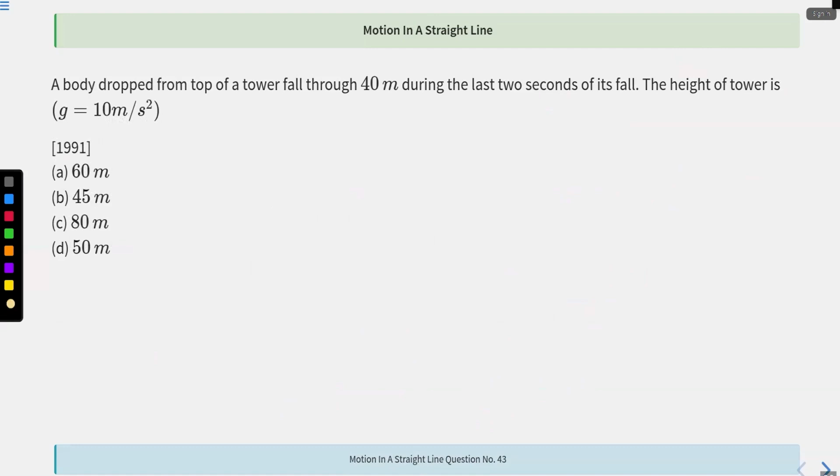Okay, fine. The next question: a body dropped from the top of a tower falls through 40 meters during the last 2 seconds of its fall. Then what is the height of the tower?